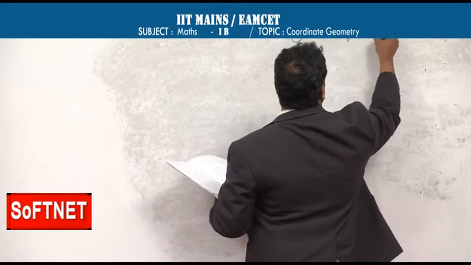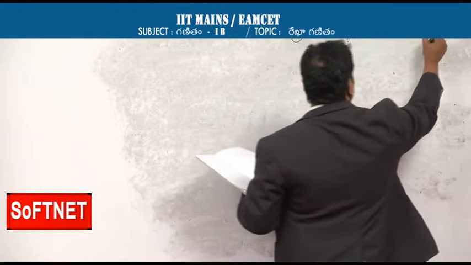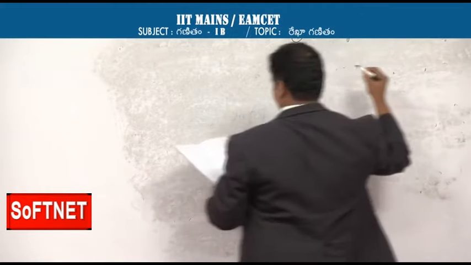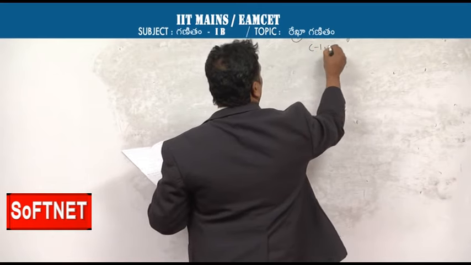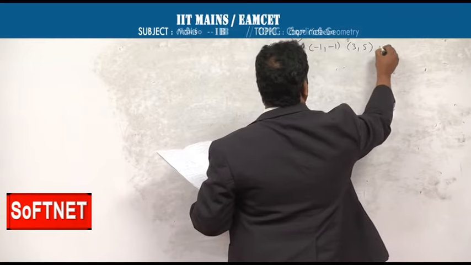The ninth problem is a triangle with vertices 4, 0, minus 1, minus 1 and 3, 5.